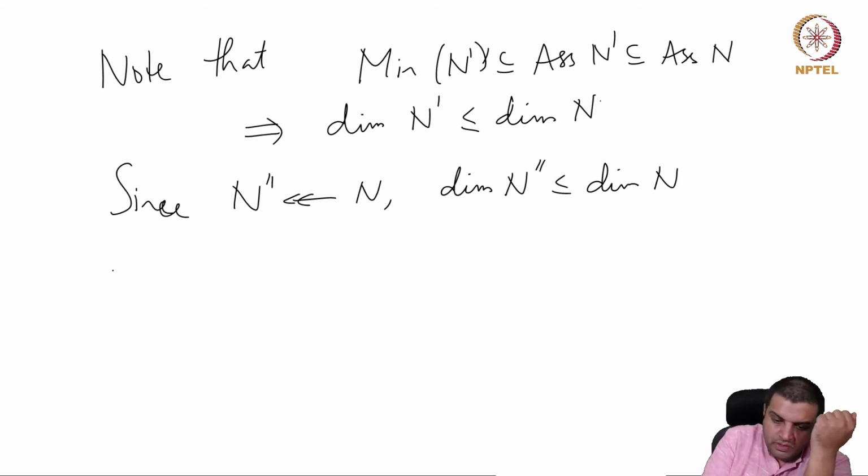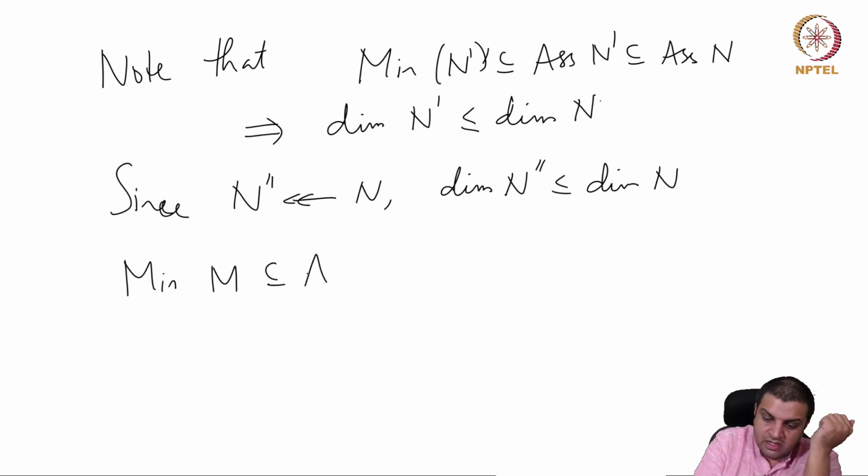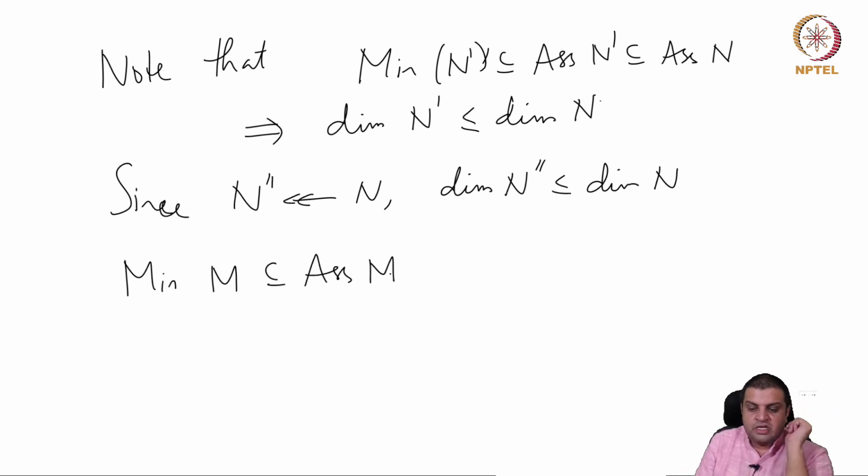Now, remember dimension is always counted by something from here. So this is inside associated primes of M, and this is a subset of associated primes of N prime union associated primes of N double prime.